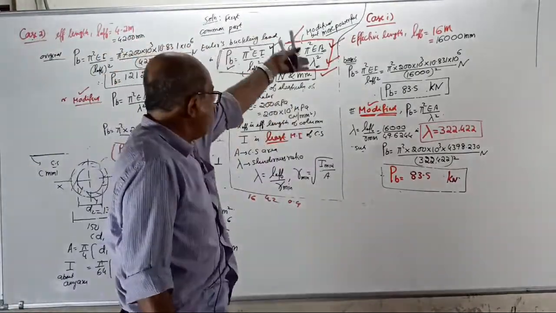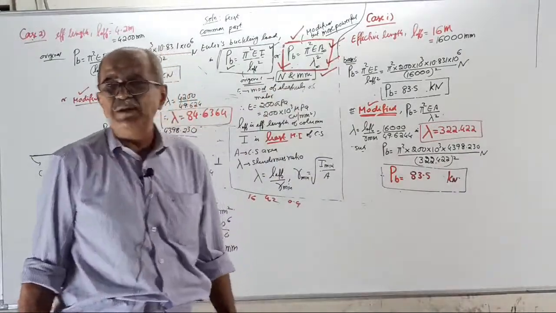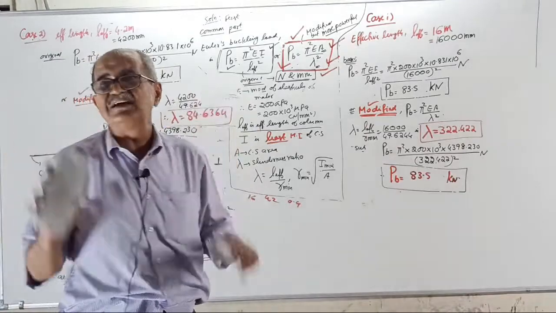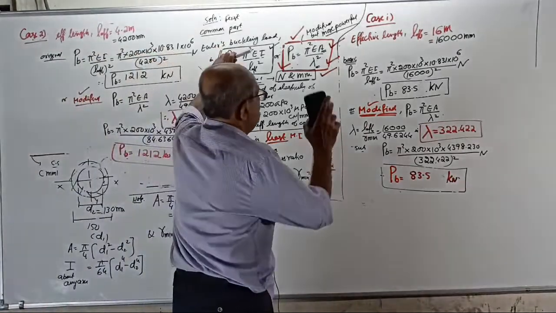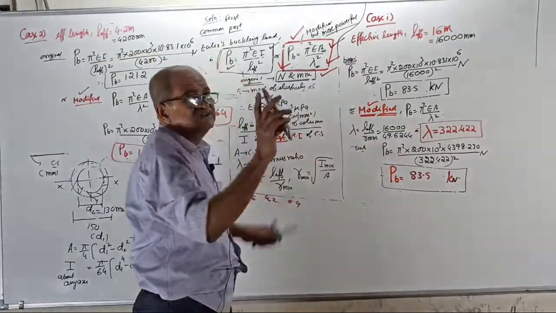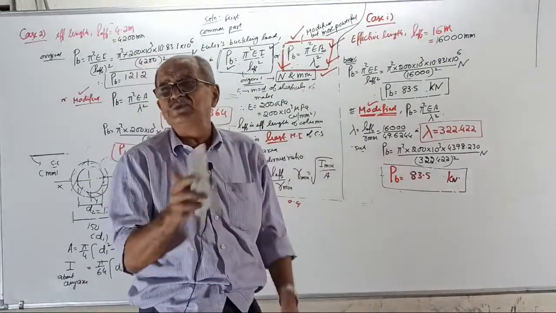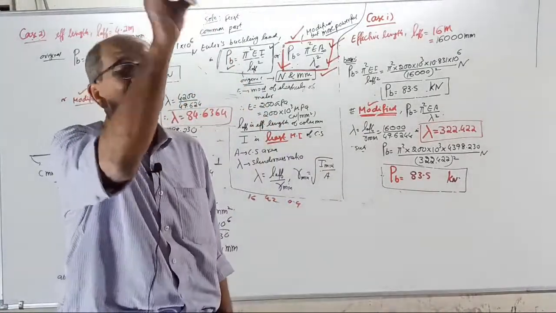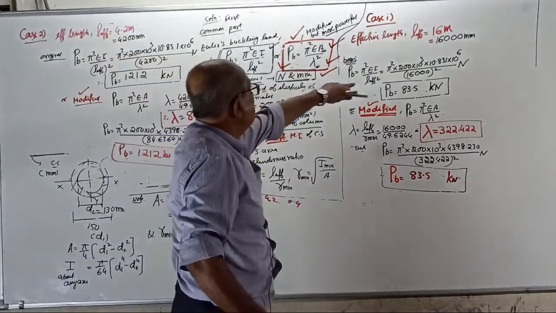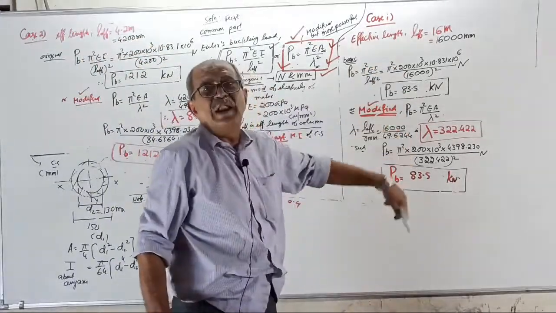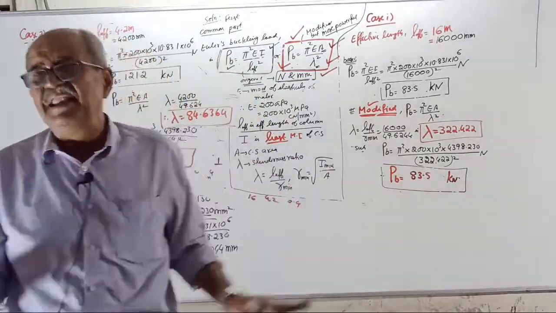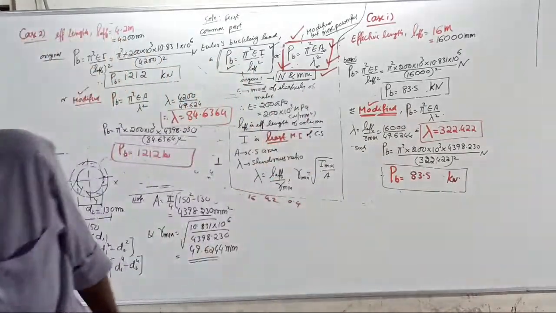I know it is some calculation problem or print mistake. In my class, when I tell the answer has to come the same, if it is not coming, the only chance is either a calculation mistake or an observation mistake, writing a value or a print mistake. Technical mistake is ruled out.